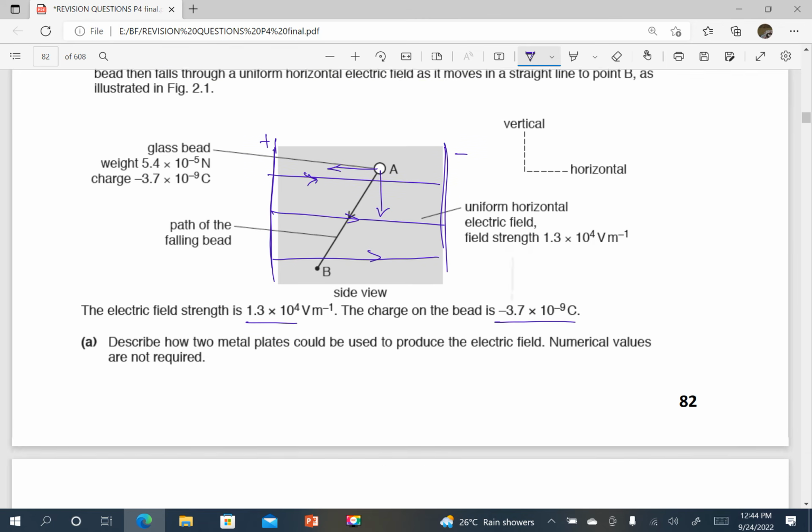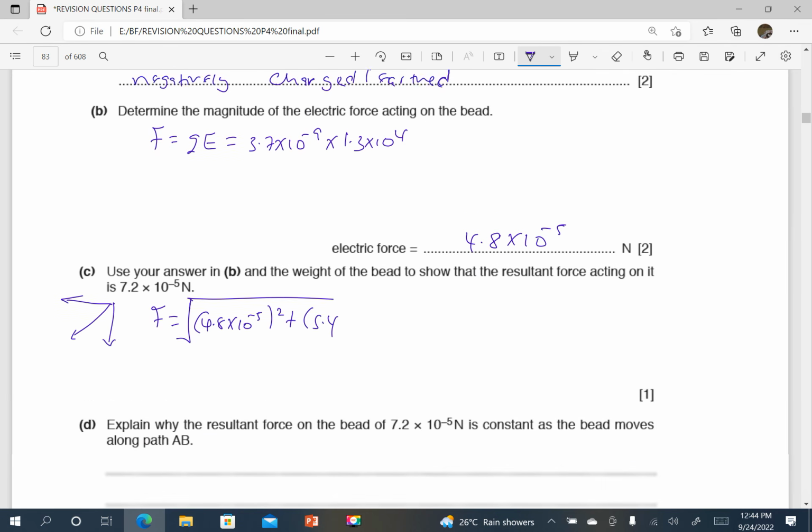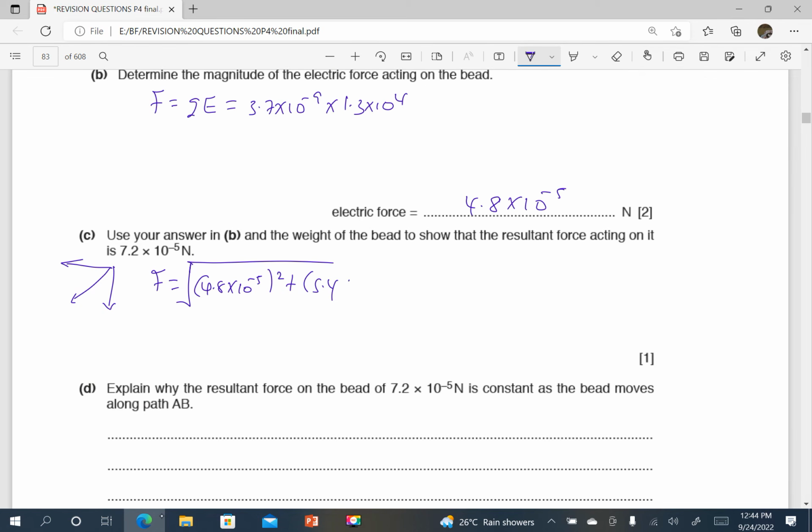What is the weight? 5.4. The weight is 5.4 times 10 power negative 5 squared. Pressing the calculator gives me 7.2 times 10 power negative 5 newtons.